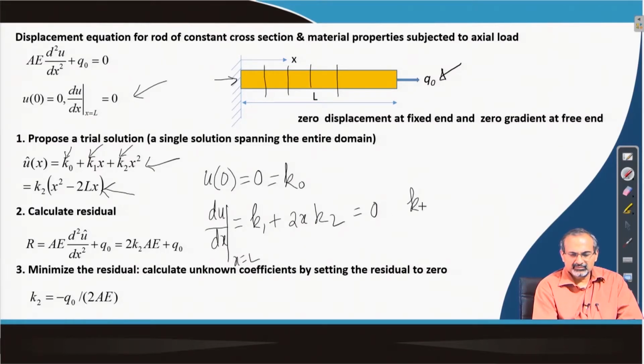So, k 1 will come out to be minus 2 L k 2, and that needs to be substituted in place of k 1 in the trial solution, and then you essentially reduce the trial solution to a single parameter trial solution, where the single parameter is k 2, which needs to be evaluated. Now, talking about the residual, what do you do in the residual?